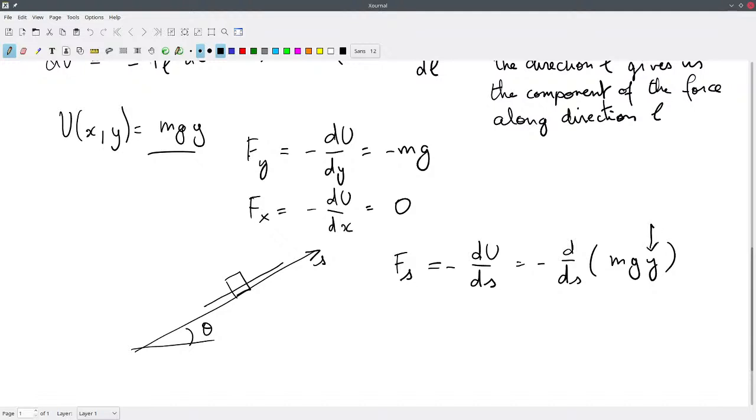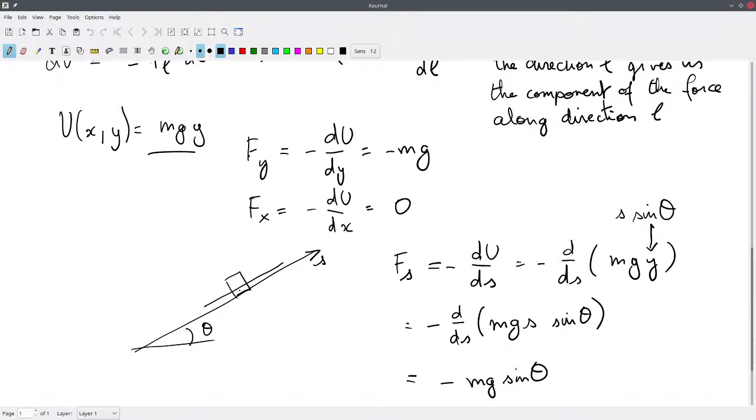We've done that before actually. y is s times the sine of theta, right? So this is minus d/ds of mgs times sine theta. So that will be minus mg times sine theta.